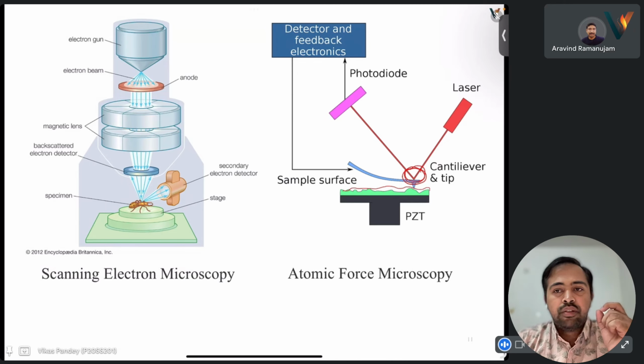It is a very fragile and very sophisticated instrument. Certainly we cannot go to such lower dimensions as we can with SEM or FESEM, but we can have an idea of the surface.